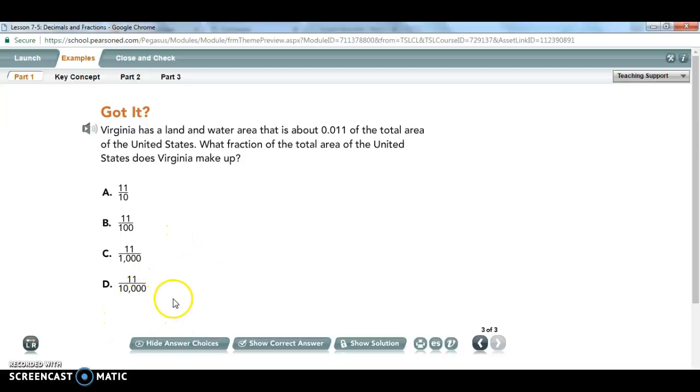Me saying those answers should probably give you a very helpful hint. The correct answer is C, 11 thousandths. So up here we read it as 11 thousandths. This fraction we read as 11 thousandths.